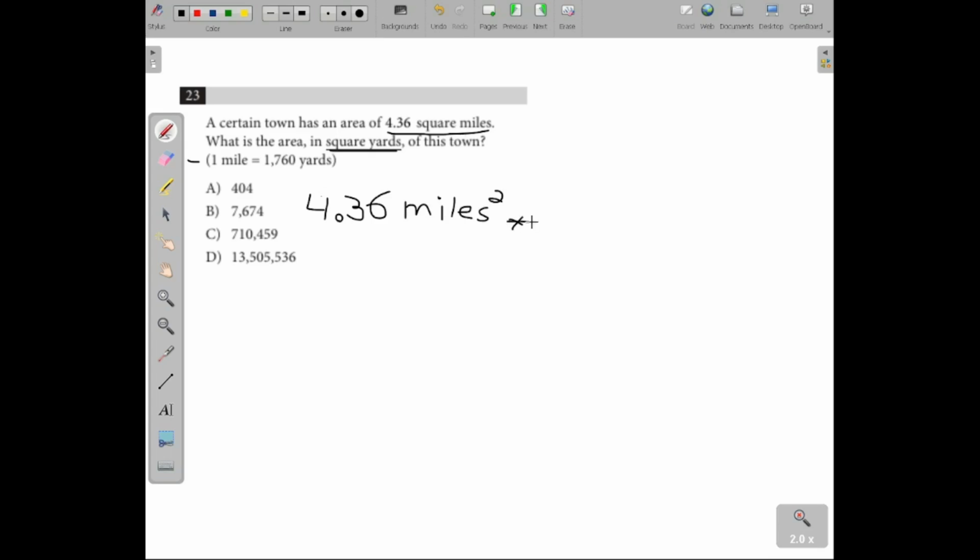And we have to multiply this. So if we want to get square yards, we'll need to cancel out the miles. This has to be square miles. In the numerator, we need the square yards.